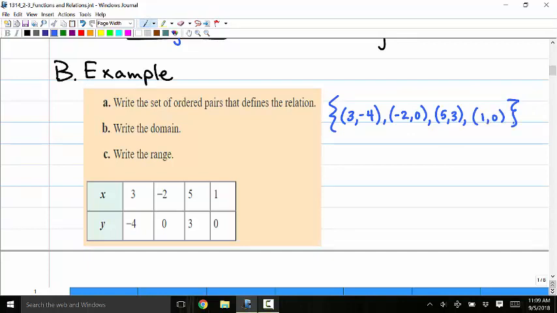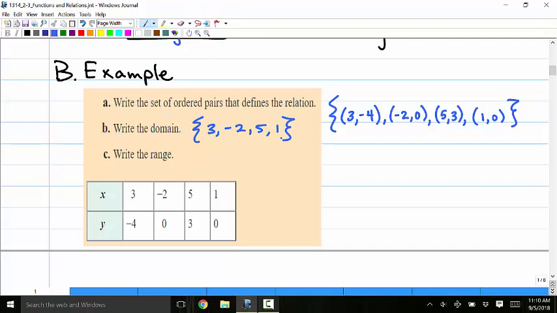Okay, that is a set of ordered pairs. It's a relation. It relates x's and y's. What is the domain of that relation? It's all the x values right there. Or if you're looking at the set of ordered pairs, you find the domain right there. So the domain is 3, -2, 5, and 1. It's a list of numbers.